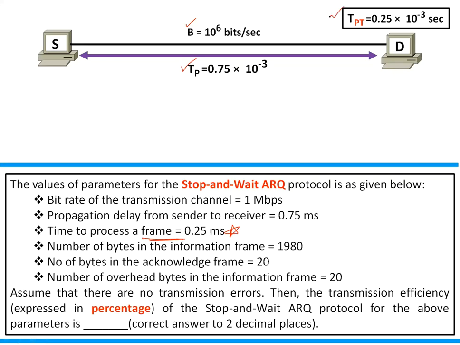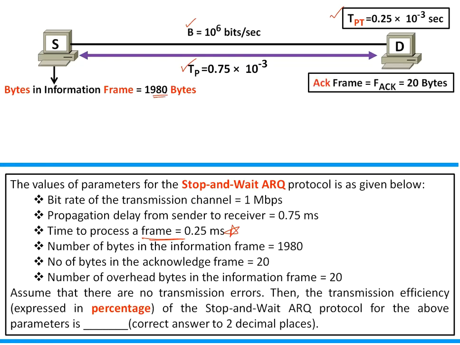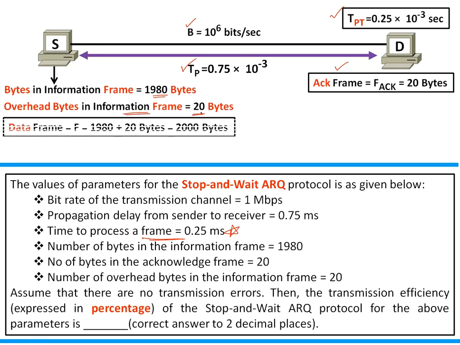That is called as TPT. At receiver side, we have 4 times: queuing time, processing time, TFR of acknowledgement, and TP. Bytes in information frame 1980, acknowledgement frame 20 bytes, overhead bytes in information frame, that is header, 20 bytes. So the data frame size, you have to combine, guys.